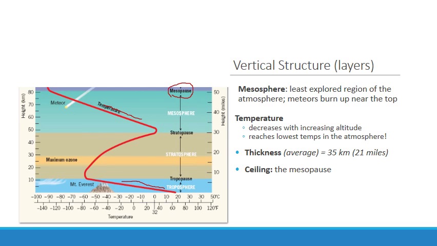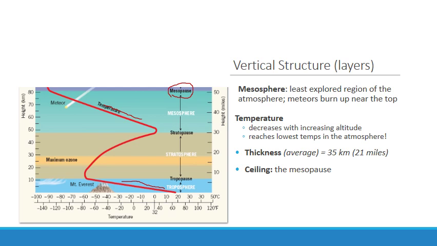The average temperature in this layer can be as low as minus 90 degrees C, which is minus 130 degrees Fahrenheit.